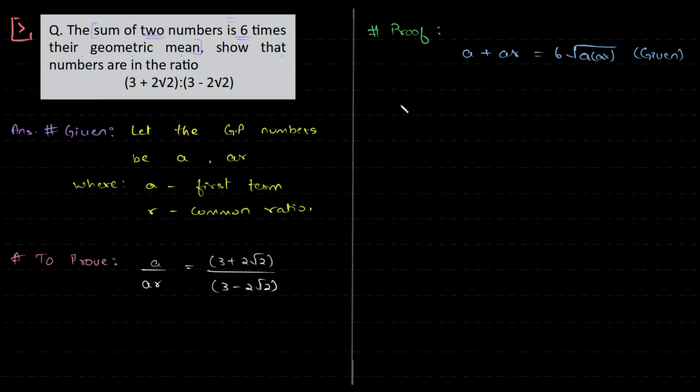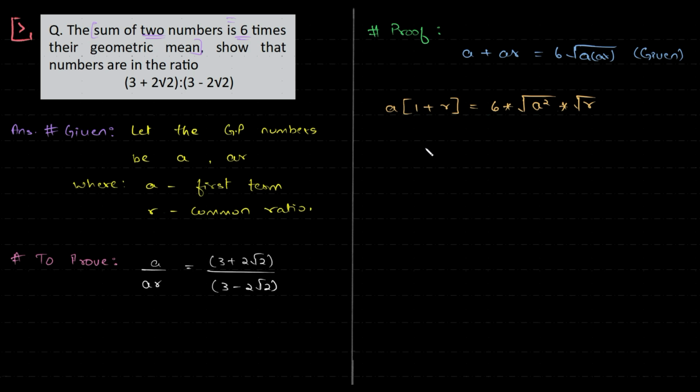So a bit of simplification: I'm going to take a common over here and I have 1 plus r, that's equal to 6 times the square root of a square into the square root of r, right?